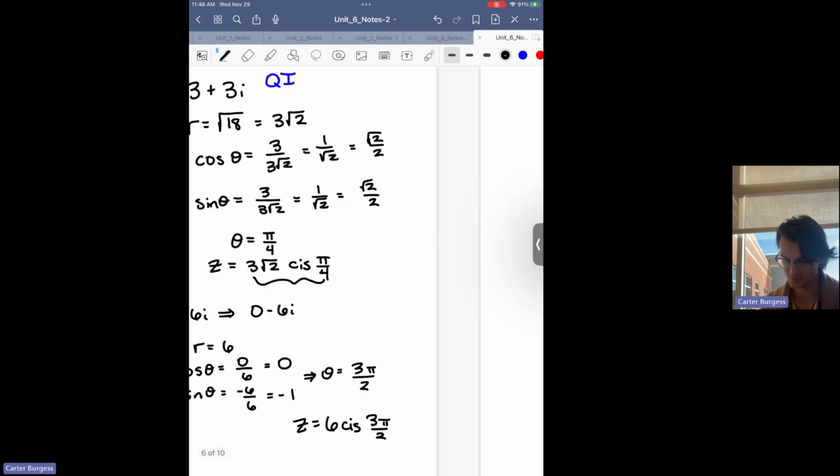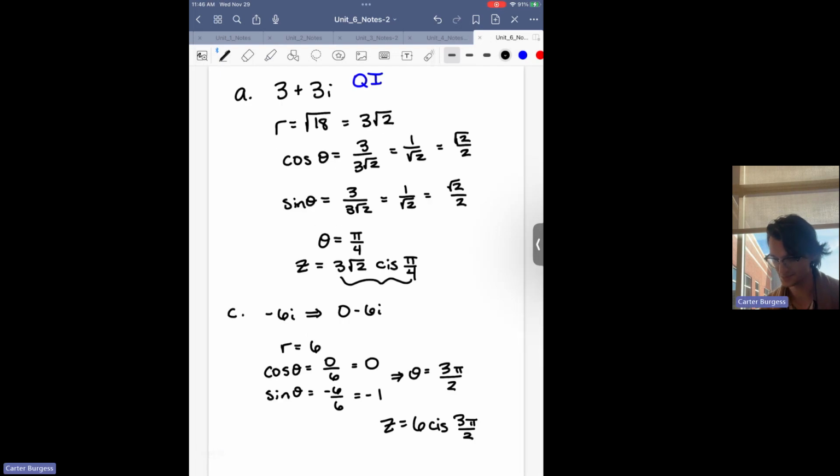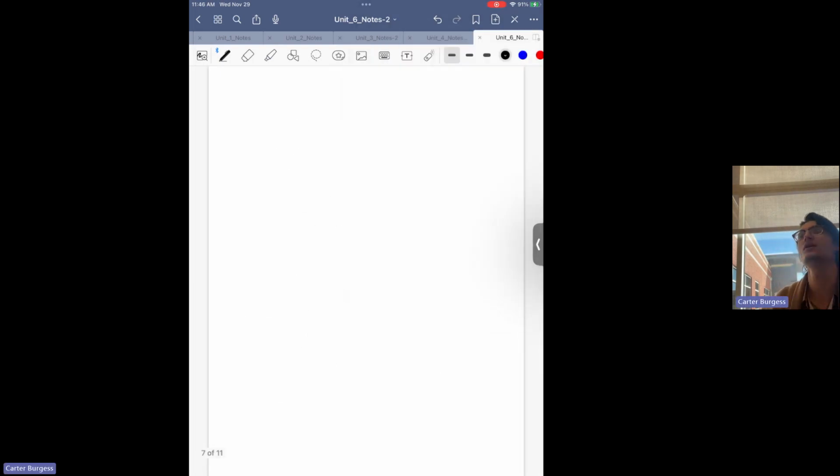So let's consider this. Let's say we have two complex numbers. We'll call them Z1, which will be equal to R1 times cosine of theta, plus i R1 sine of theta.